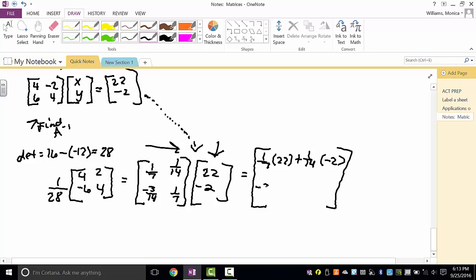Negative 3 over 14 times 22 plus 1 over 7 times negative 2. And you simplify all of that. You can punch all of this in your calculator if you like, or you can do it by hand. You get 3 on your top row, and your bottom row, negative 5. So the solution to this system of equations would be 3, negative 5.